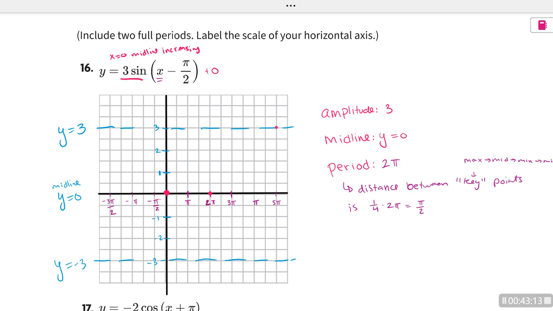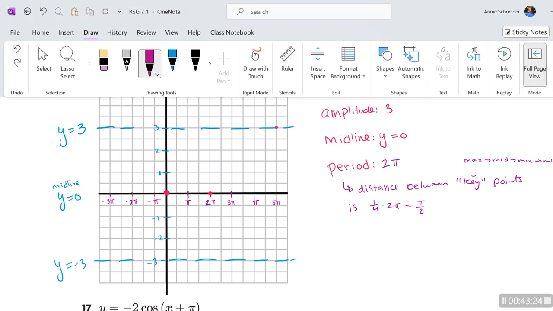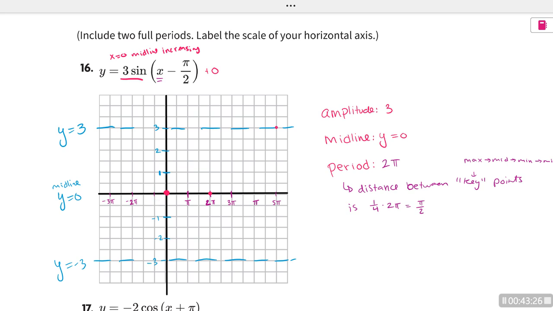Okay, so this is 2 pi. And this is going to be negative 2 pi, and this is going to be negative 3, but we're going to put them in the right spots because that's what I had messed up before. Okay, so here, there we go, that's negative pi, and then here we have negative 2 pi, there we go.